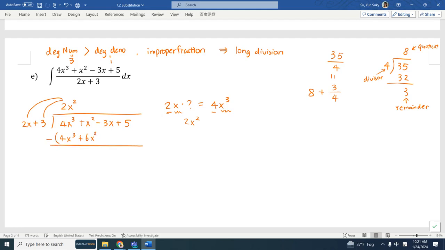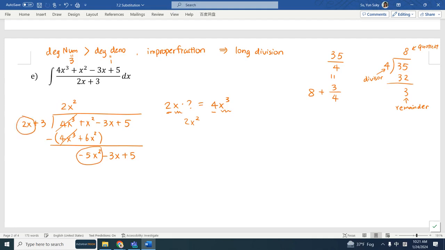And then we use the first line, subtract the second line. 4x cubed minus 4x cubed cancel. x squared minus 6x squared is negative 5x squared. And then we have minus 3x plus 5. So far, so good.